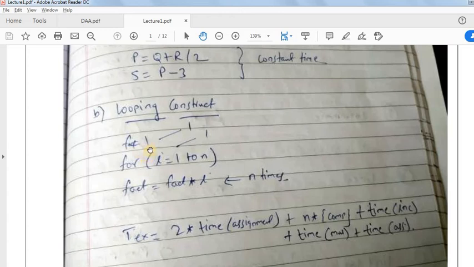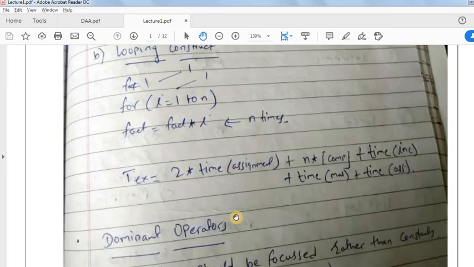Initially we are assigning a value of 1 to fact variable, and inside a for loop at the first iteration we are assigning value 1 to variable I. After this assignment we are making comparison of value of I with value of n. So those n comparisons will require a time of n plus the time required for increment operation, time required for actual multiplication, and time required for assignment. This will contribute in deciding overall time required for factorial of the number.